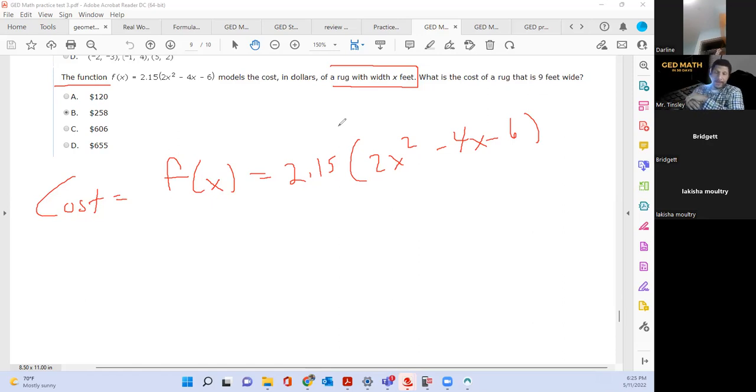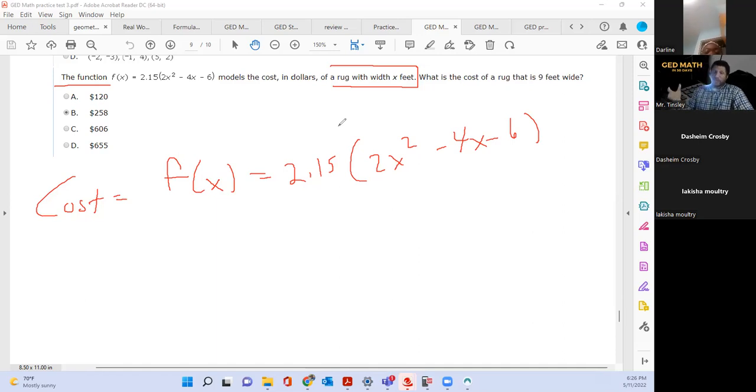Does everybody understand that? In this question, do they tell you what the width is? No, they did not. Are you sure about that? Well, they gave you the answers. No, read it carefully. The width is x, but did they give you a number? Read this entire question.